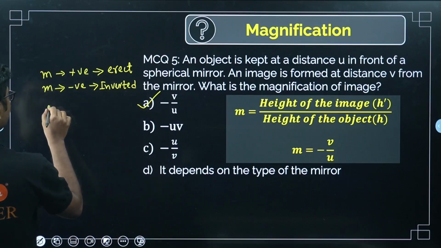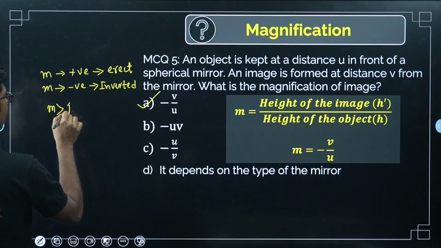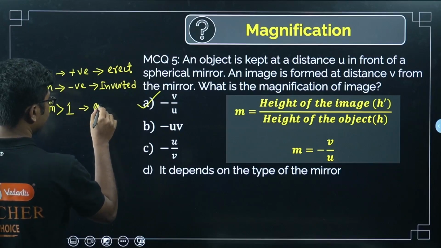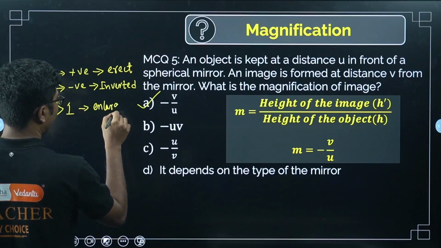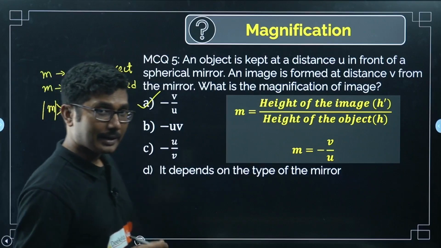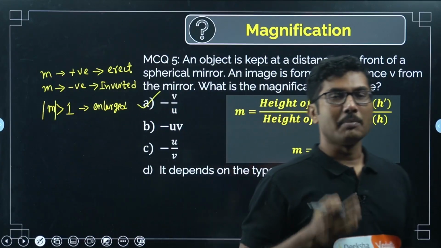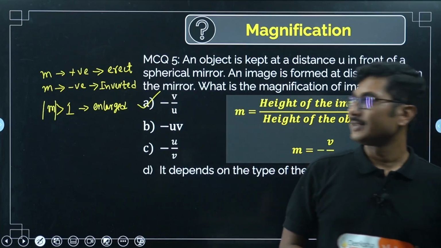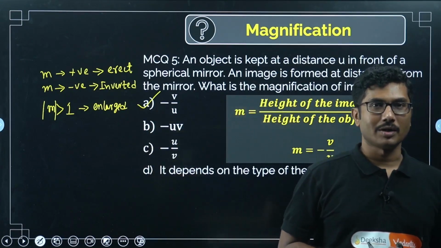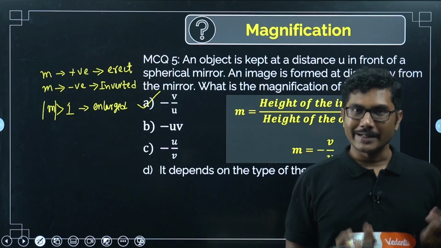Similarly, if the magnitude of M is greater than 1, then it is enlarged. I am writing magnitude because in some cases it will be minus 2, and you will think, sir told me greater than 1, minus 2 is definitely less than 1, then how can it be an enlarged image?